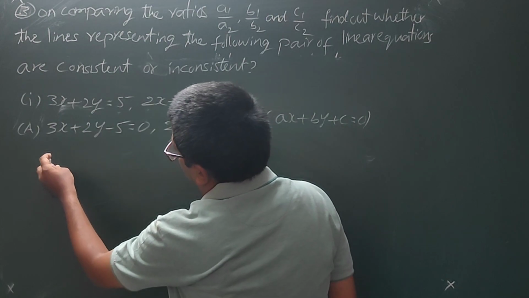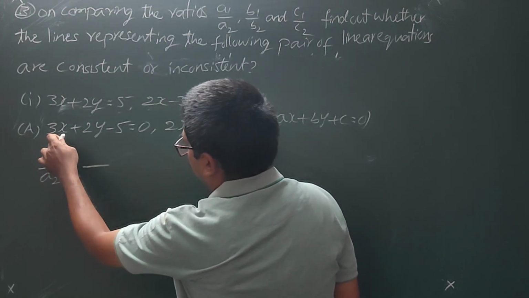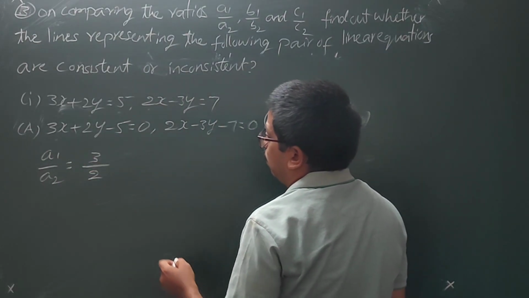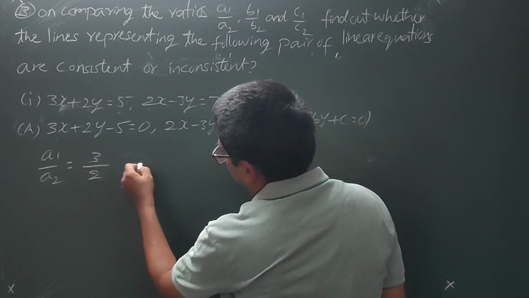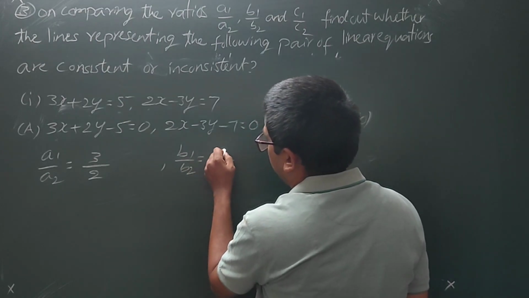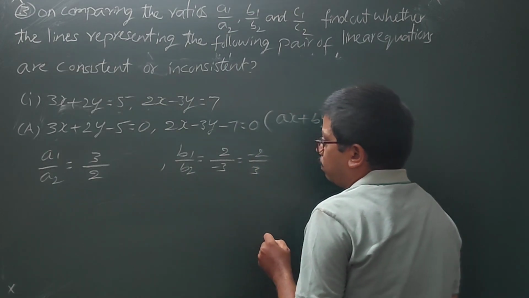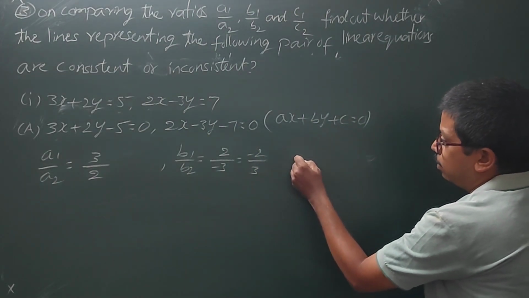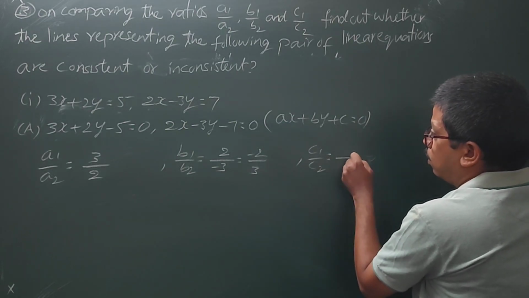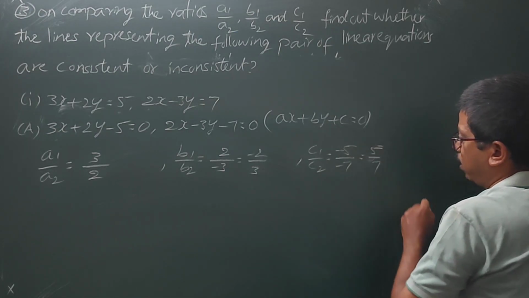So I am comparing a1 by a2, ratio of x coefficients, 3 by 2. Next b1 by b2 equal to 2 by minus 3 equal to minus 2 by 3, and c1 by c2 equal to minus 5 by minus 7 equal to 5 by 7.